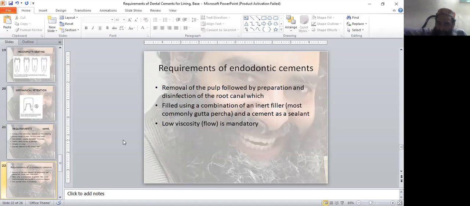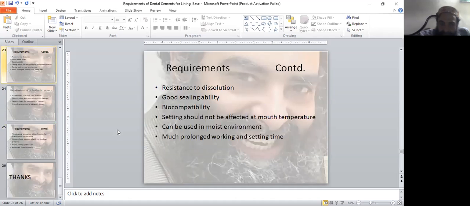Removal of the pulp is followed by preparation and disinfection of the root canal, and that root canal is filled using a combination of an inert filler, most commonly gutta percha, and a cement as a sealant of low viscosity, that is, flow. It is mandatory.